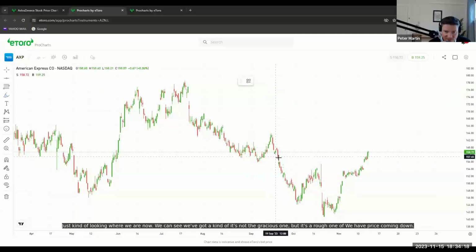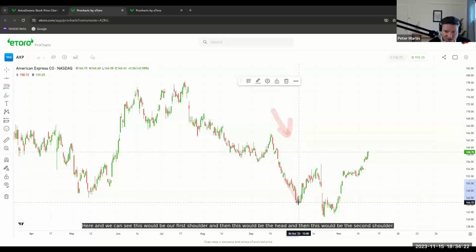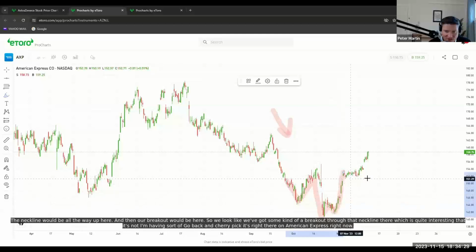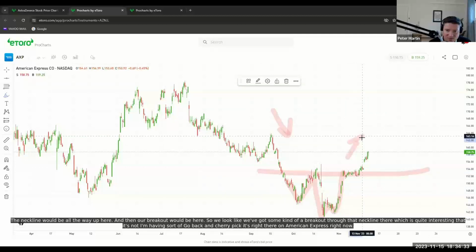We have price coming down here, and this would be our first shoulder, and then this would be the head, and then this would be the second shoulder. The neckline would be all the way up here, and then our breakout would be here.